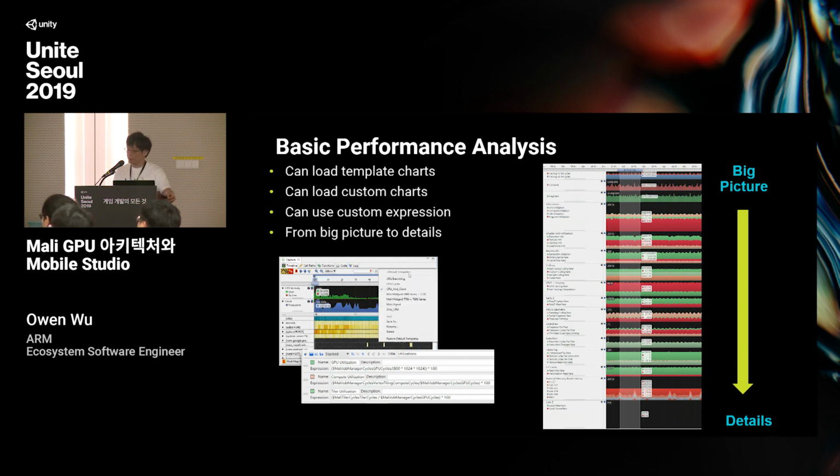I usually use this set to do the basic performance analysis. You can also create your own expression to get any derived number you want to look at. Like this picture shows, that's the expression you type in, and you can derive your own counters from the original hardware counters. So it's quite useful.